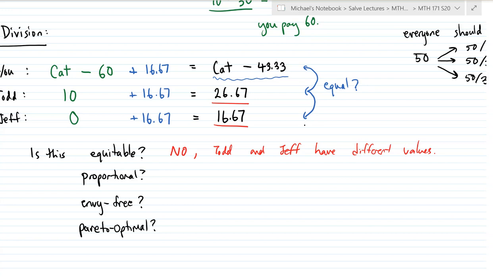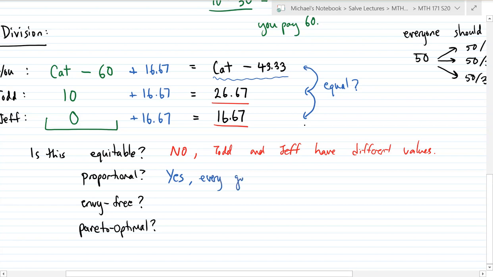Knaster's inheritance procedure is not developed to be equitable. However, it is made to be proportional. All right? So why is this proportional? Well, if you look, this area in green up here, this was guaranteeing that everyone got their fair share.